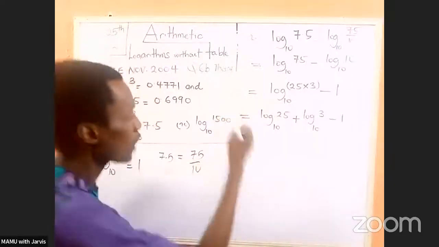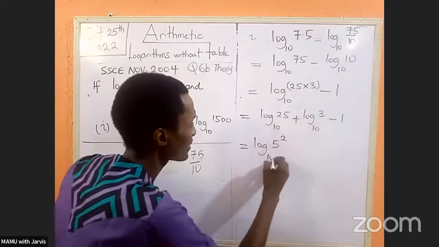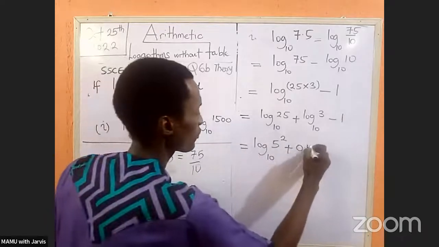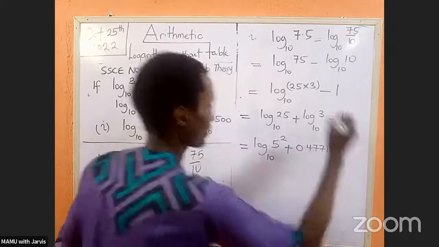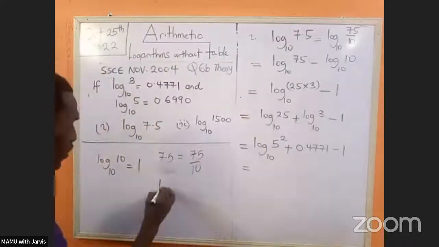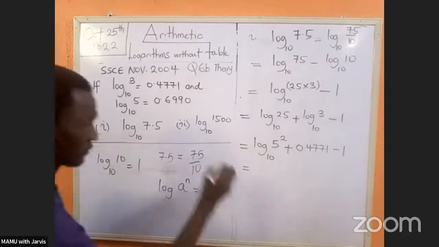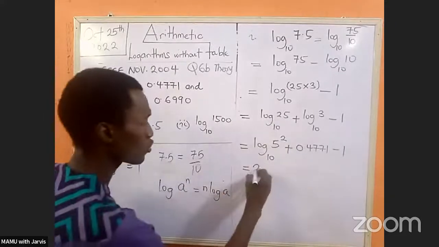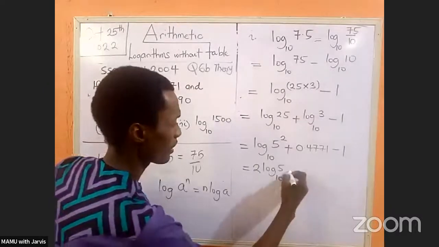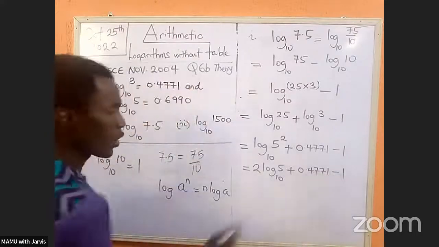That will be 2 times. So I'll have log 5 raised to the power of 2 to base 10 plus 0.4771 minus 1. I cannot leave it like this because I said earlier that log of a to the power n is n log a. So I'll apply that concept here. This will become 2 log 5 base 10 plus 0.4771 minus 1.